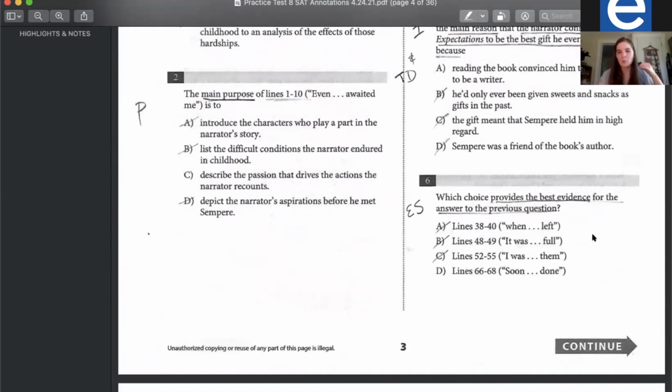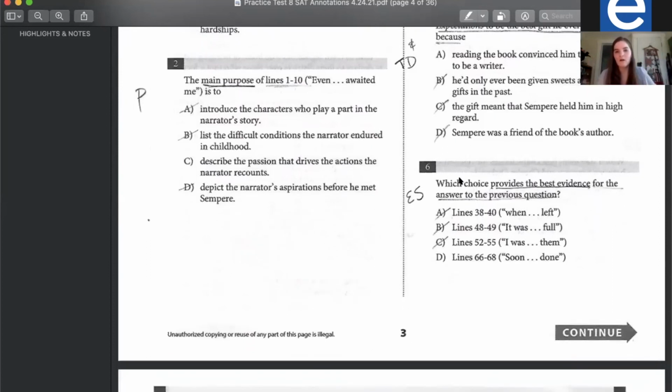And focusing on ones that are mentioning, like in number 2, a main purpose question, which is one of the questions you want to do last because it's a big picture question. But it includes a direct reference to lines 1 to 10. So you want to do this question before tackling another main purpose question that doesn't include line numbers, because the line numbers one is going to be done faster. Does that make sense?